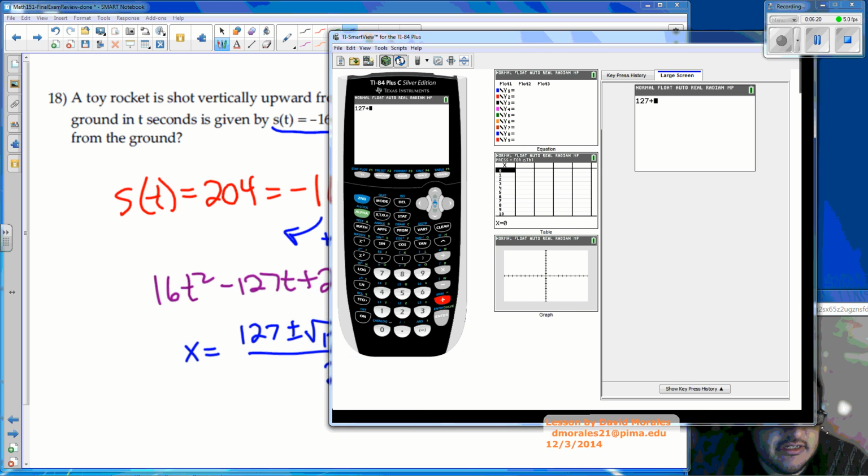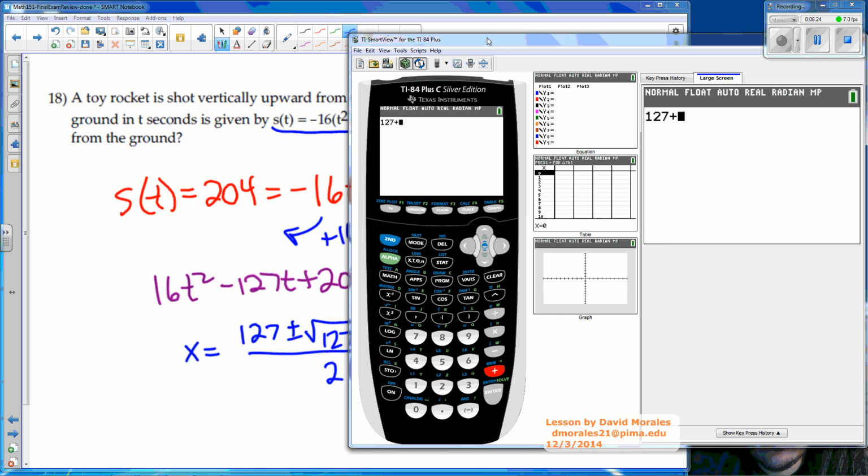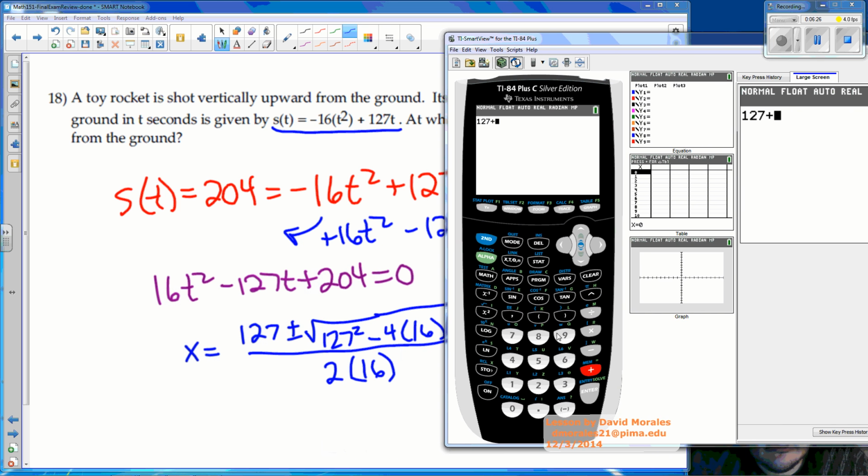We should be able to read it anyways, but here's a bigger screen for you. 127 plus the square root of 127 squared minus 4 times 16 times 204. Now this is all inside the radical.